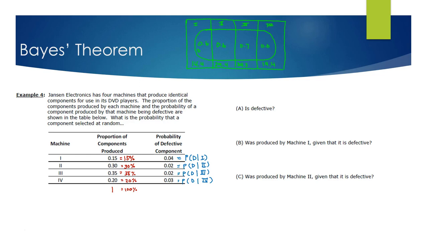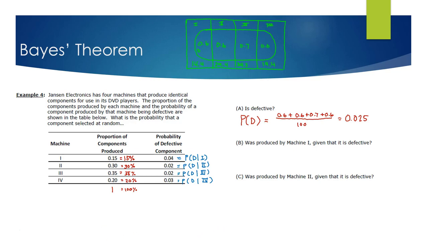Now, if I want to add up anything that's in this group up here to get my percentage, I'll have it pretty easily, because I'm going to have 0.6 plus 0.6 plus 0.7 plus 0.6 out of 100. That's going to give me 0.025, or about 2.5%. And now when I want to find the probability that it came from a certain machine, given that it was defective, I have the numbers organized in that Venn diagram to help me.